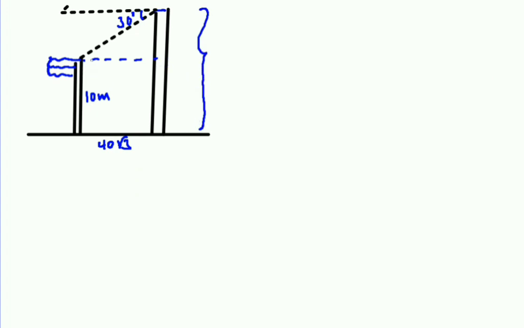So if the flagpole is 10 meter, definitely this distance will be 10 meter. If we know the remaining portion, say this is small h, the whole building is 10 plus h. Now, if we know the value of small h, the height of the building can be completely determined.